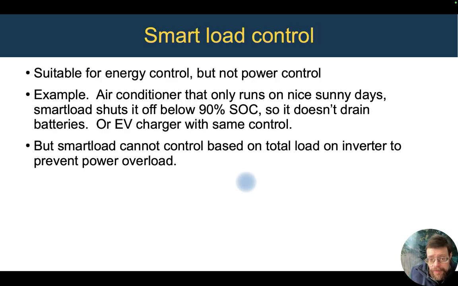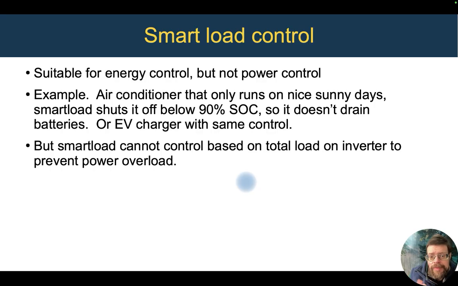Now, our inverter has several smart load outputs. Could we use those? Partially. They're good for doing energy control, but not power control. Because the smart loads are triggered based on battery state of charge, it's fairly easy to say, well, maybe we want to run an air conditioner on nice sunny days, even if the grid is out, because we've got plenty of solar.